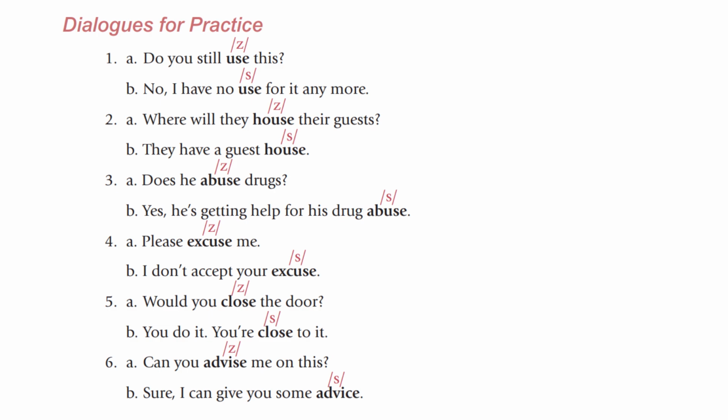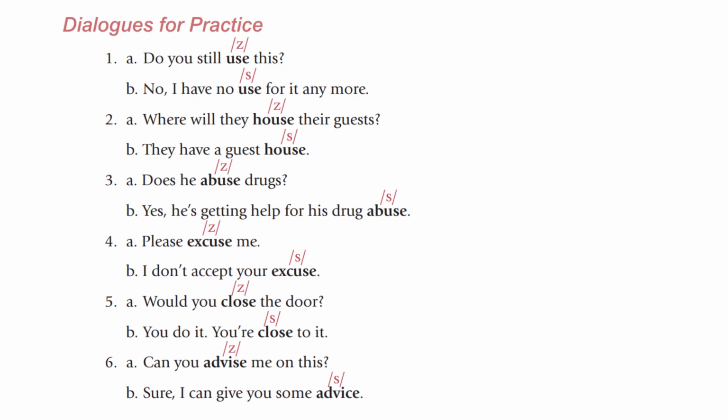Sentence pairs for practice. Do you still use this? No, I have no use for it anymore. Where will they house their guests? They have a guest house. Does he abuse drugs?